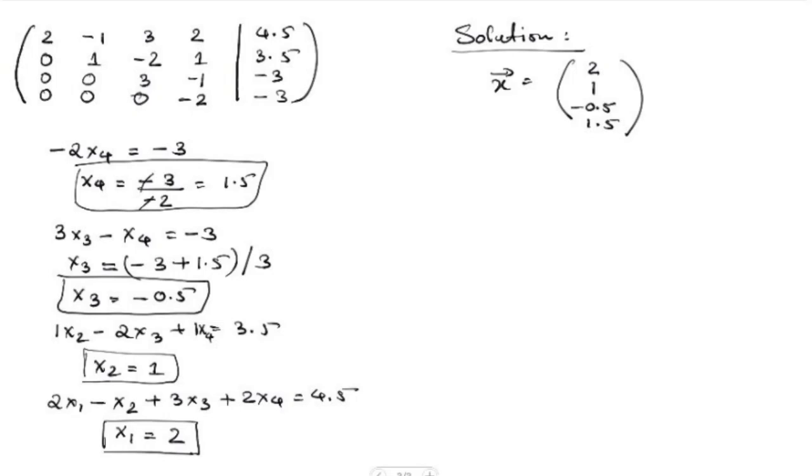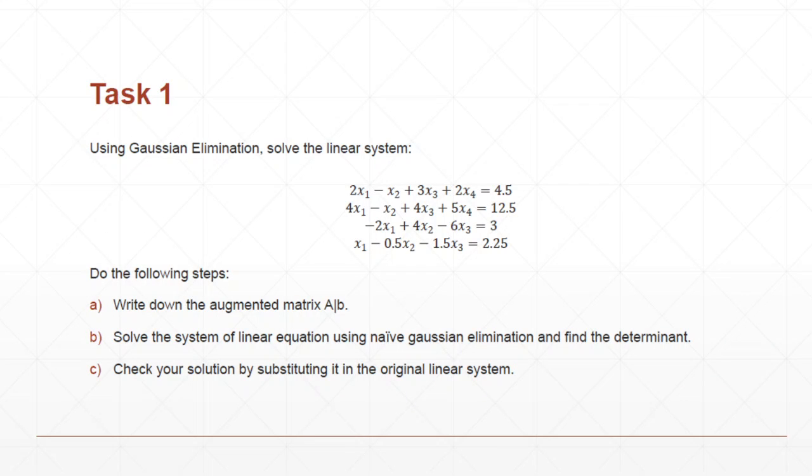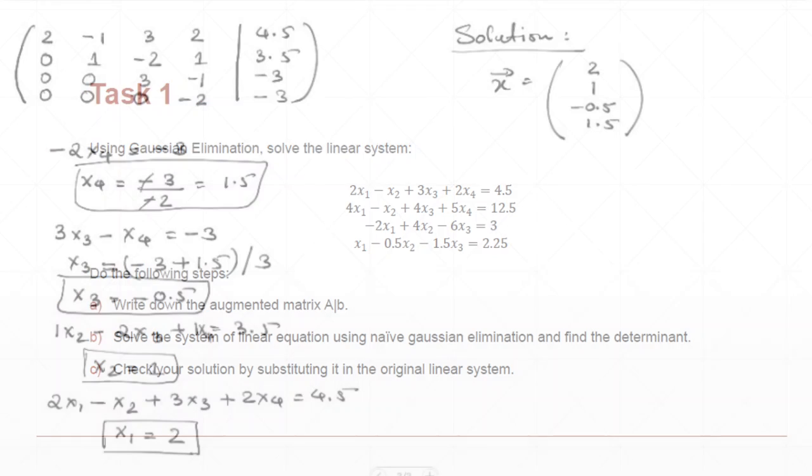Okay, so we are done with that one here. Now let's go to the question again. So here it says solve the system of linear equations using naive Gaussian elimination. We're done with that. And now it says find the determinant. So we need to find out the determinant.